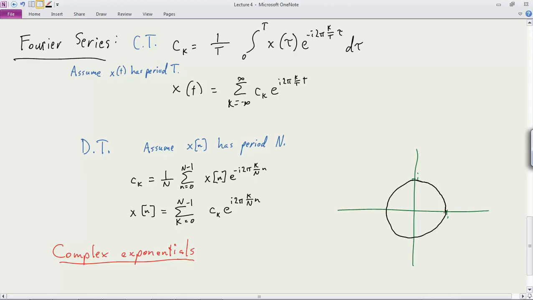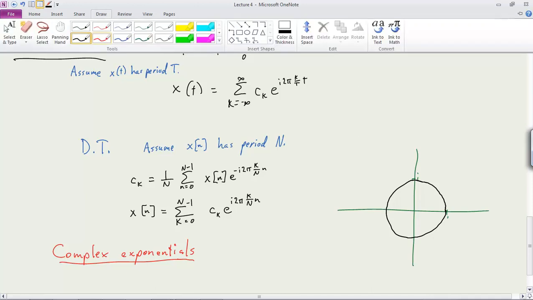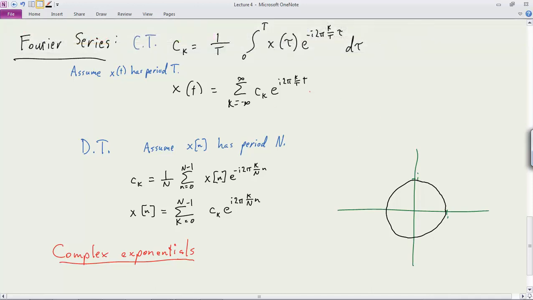We know that the value is always somewhere there. And in fact, the phase, the number up here, is simply saying how far around that circle you are. So if we look at something as simple as e to the i 2 pi f t, as time evolves, when time is 0, the value is right here.